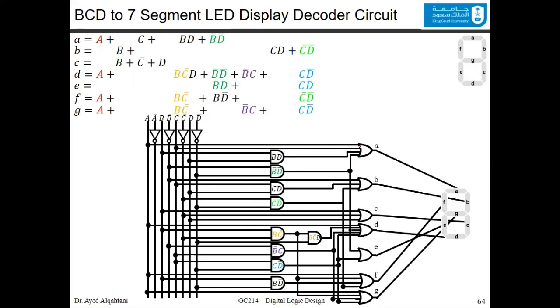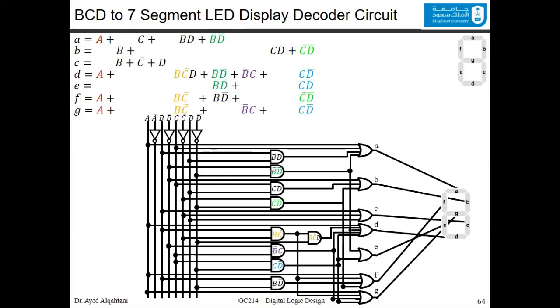We got A directly, and C we got from here, and then we generate an AND for B and D, and another AND for B bar and D bar.